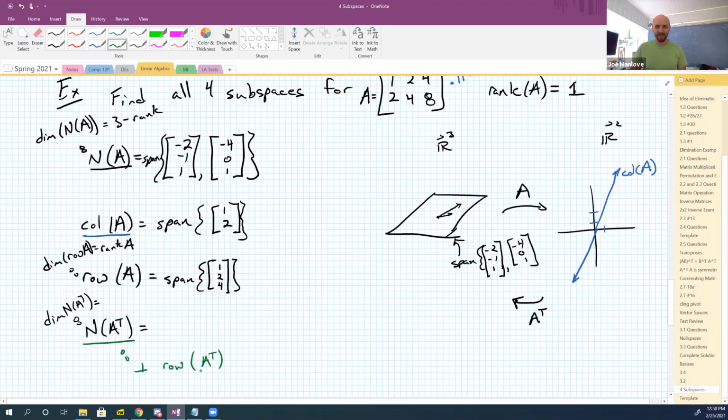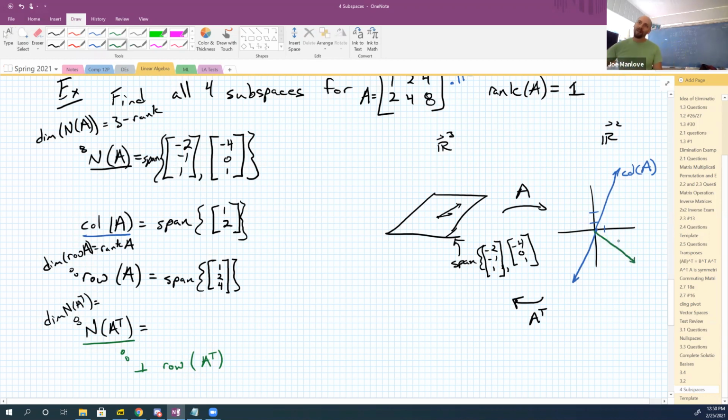Do I have the span of 1, 2 written down somewhere? Yep, it's column space of A. So the null space for a transpose has to be perpendicular to the row space. Yeah, which means that it's going to be the span of the vector minus 2, 1. It's going to have to sit in here like this.